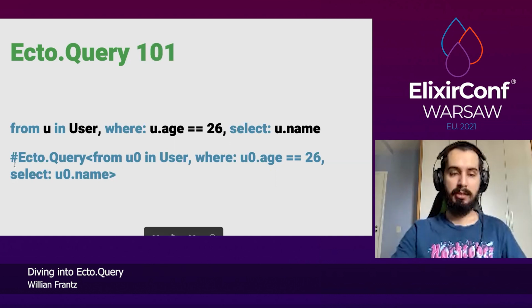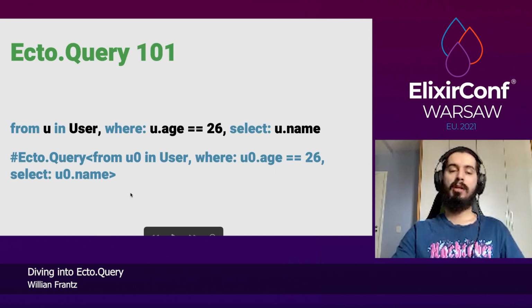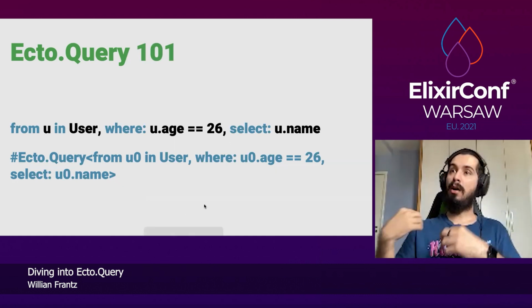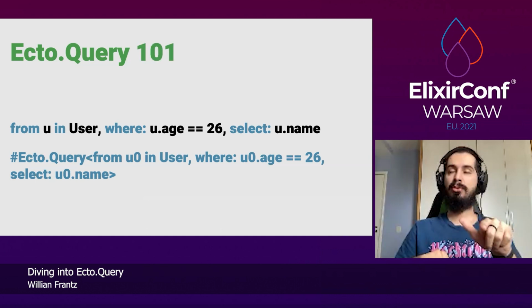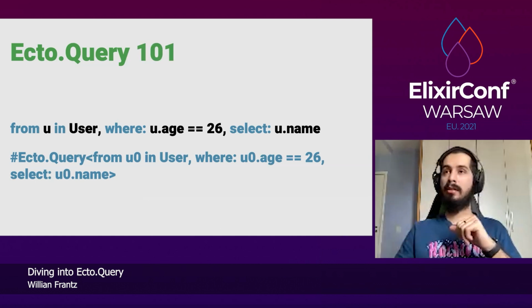We're going to realize that this is going to output a struct for us, a struct called Ecto.Query with some data inside: from, you, user, where. So it is creating a struct with our query. And what's interesting here is that this struct is going to be passed to the repo to hit the database and bring back the data we need.